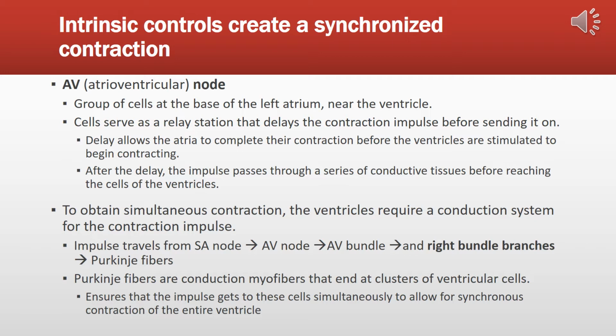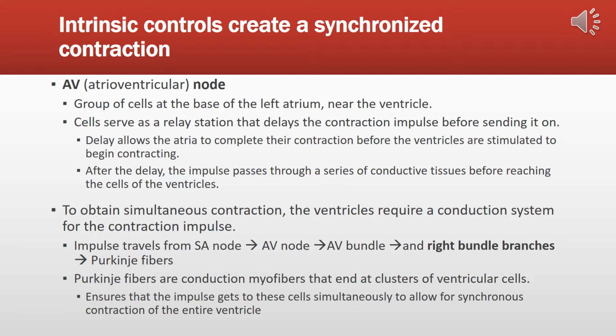After the delay, the impulse sent from the SA node passes through a series of conductive tissues before reaching the cells of the ventricles. So in order to obtain a simultaneous contraction of both ventricles, the ventricles themselves require a conduction system for the contraction impulse.